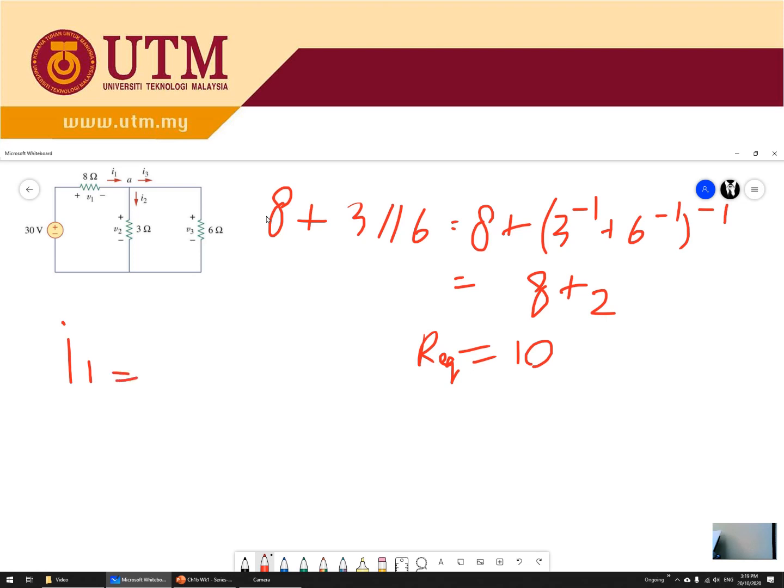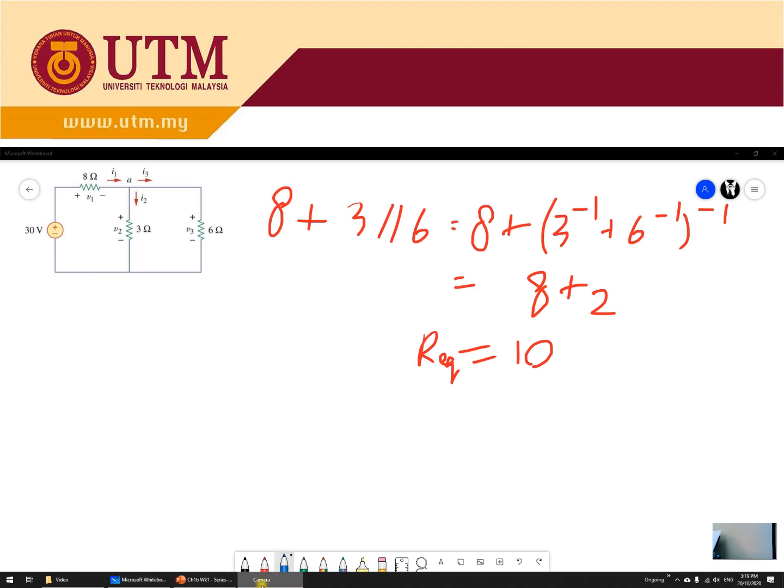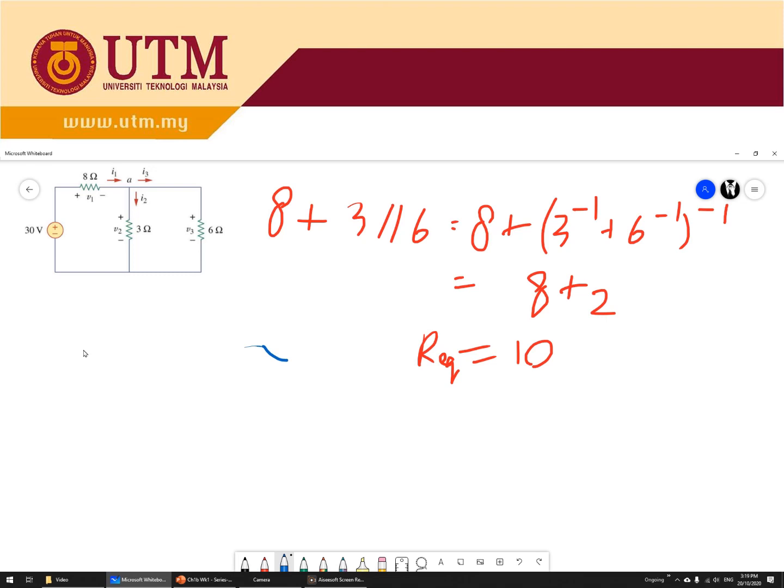Next, you get I1. If I redraw this again first, plus minus, R EQ just becomes 1, 30 volt.